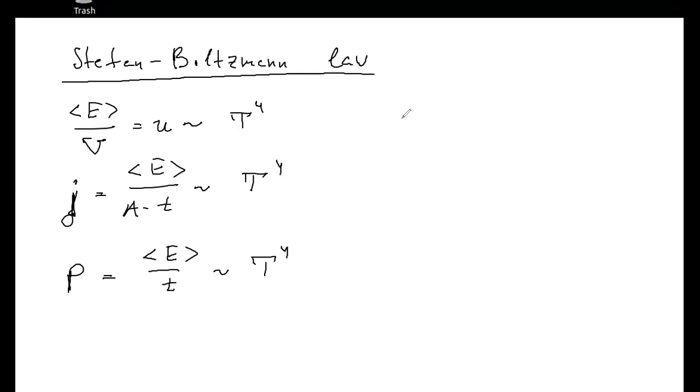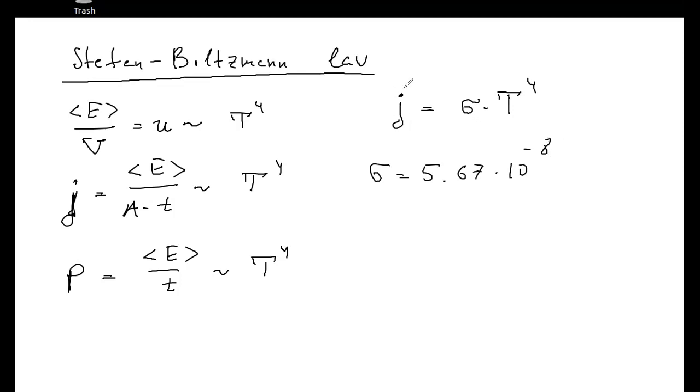So more accurately, I can say that this intensity is some constant sigma multiplied by temperature power 4. And the sigma is, if I remember this correctly, 5.67 times 10 to negative 8.